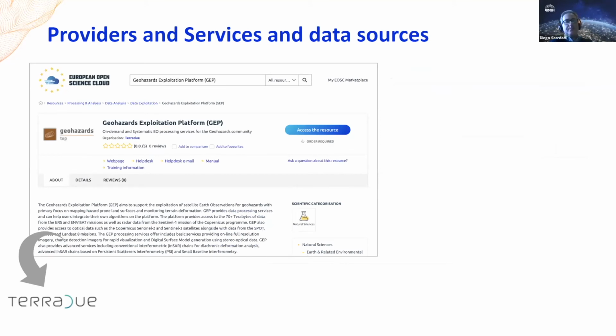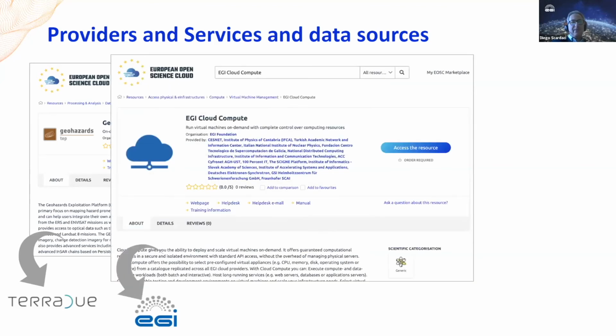In particular, we can see in this slide an example of a service that is offered to the EOSC platform, and the specific provider of this service is Terra2. But in the EOSC marketplace, we can also have something more generic, like a horizontal service delivering compute resources like the EGI Cloud Compute.